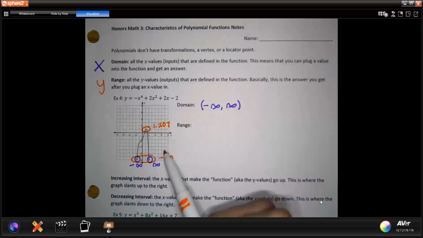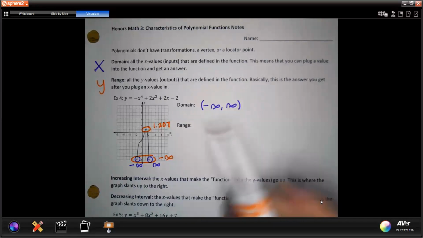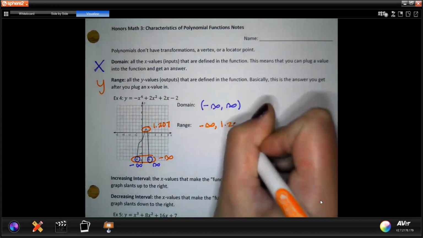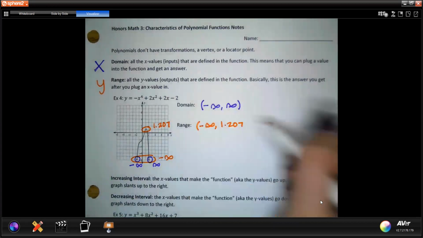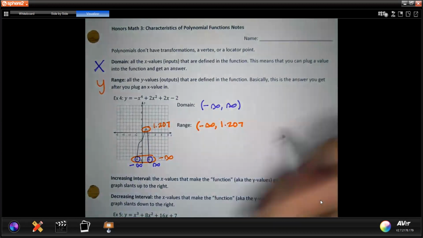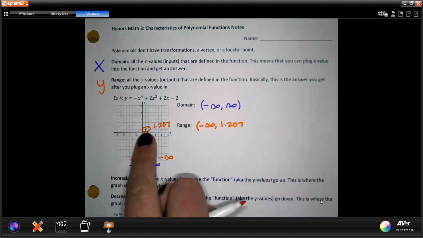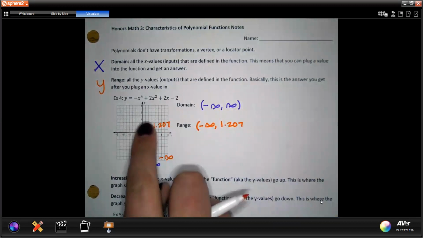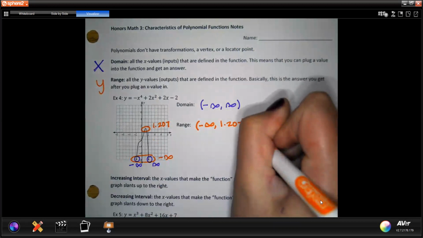And so now the range is from bottom to top. So negative infinity, 1.207. Now, infinity always gets a parenthesis, and then the number gets a bracket if you can touch it with your finger. So if I can see where's the 1.207? Oh, it's right there. Then I should put a bracket.